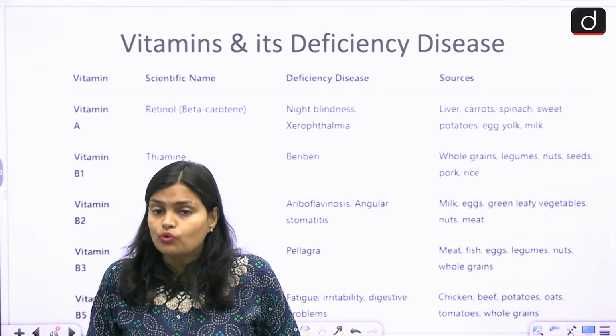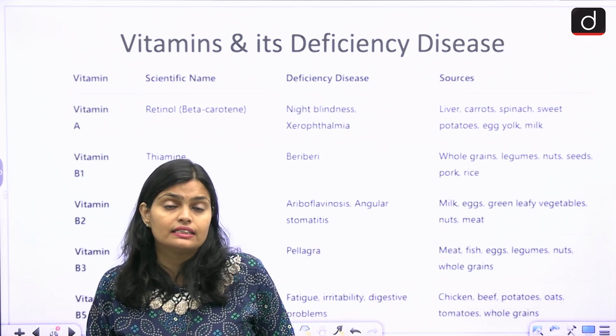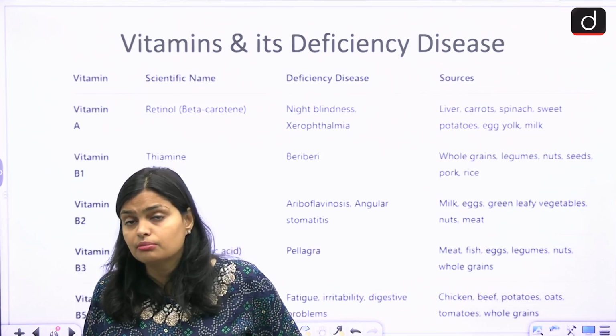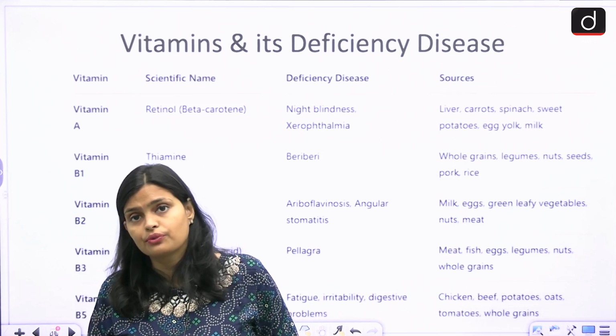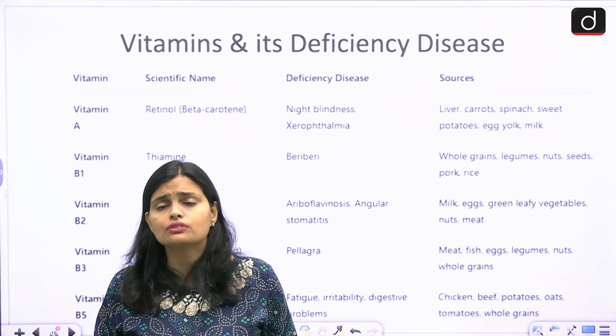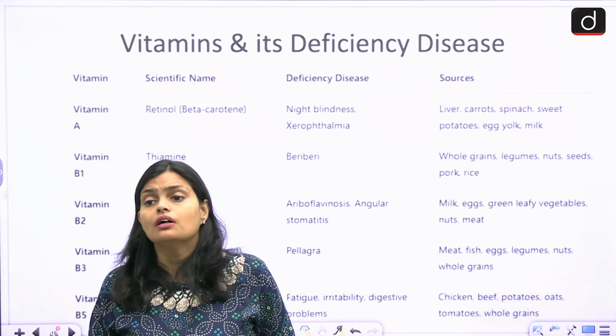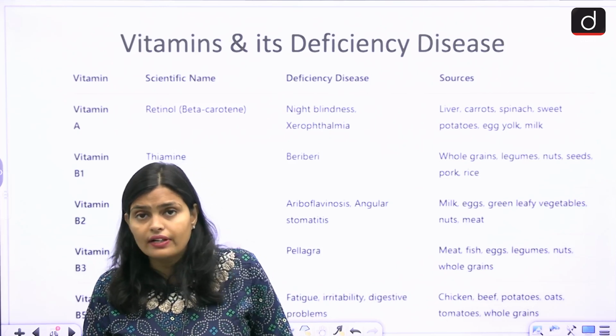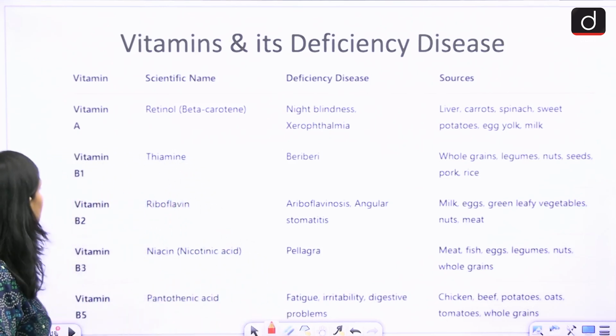Now what are the vitamin categories, which come under fat soluble and water soluble? The fat soluble vitamins are A, D, E, K, right?